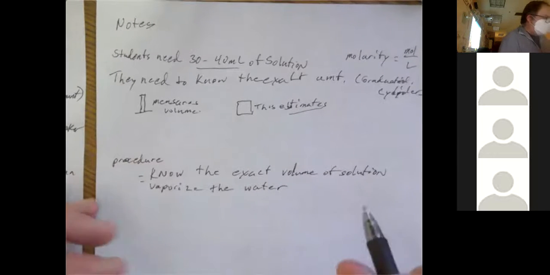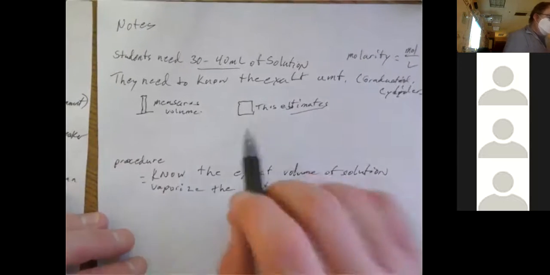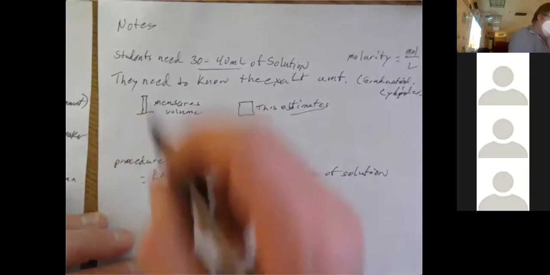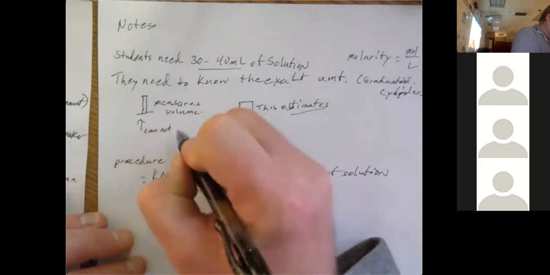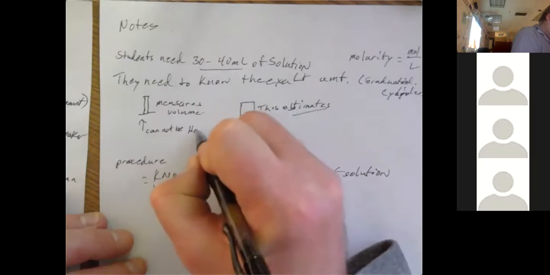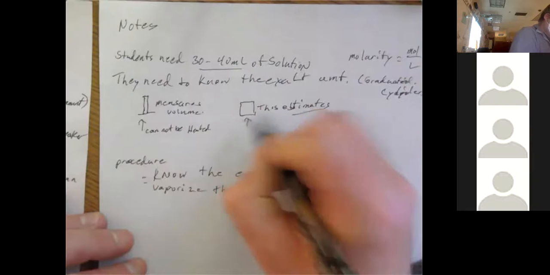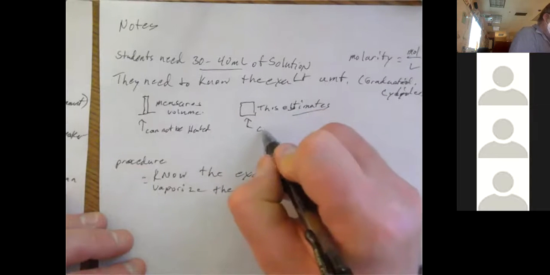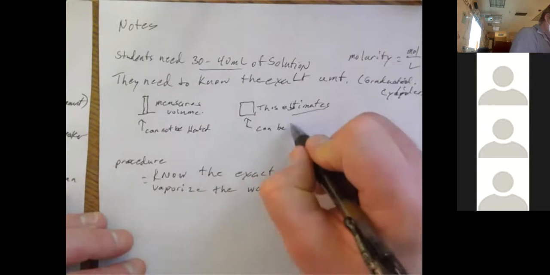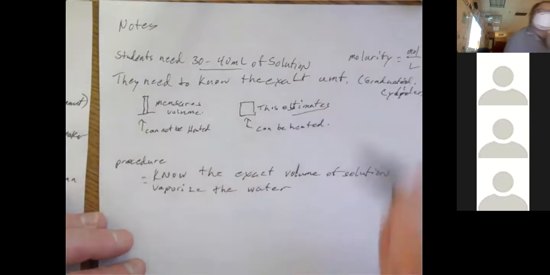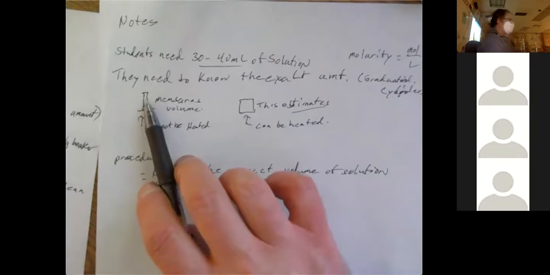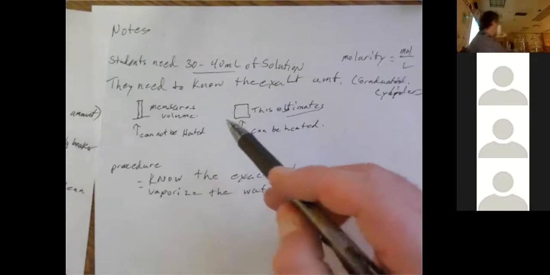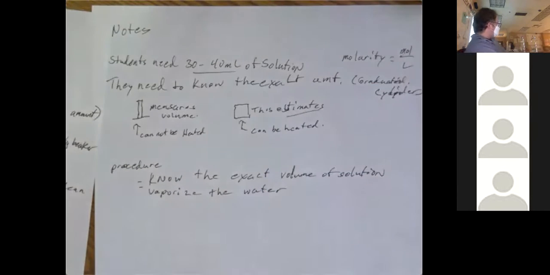Now there is a problem here. You can't put this on heat. Cannot be heated. Guess what? This can be heated. So once you get the known measurement of the volume, you're going to dump it into a beaker because we can place a beaker on a what? Hot plate. Yep.